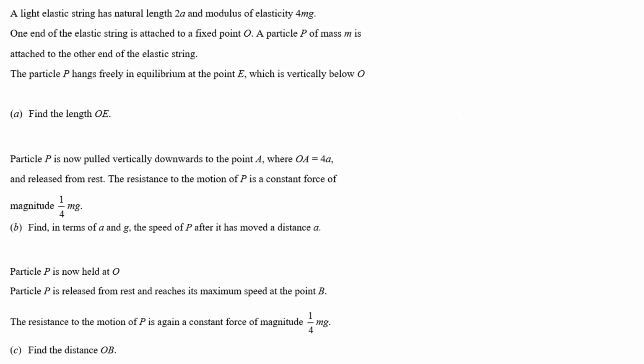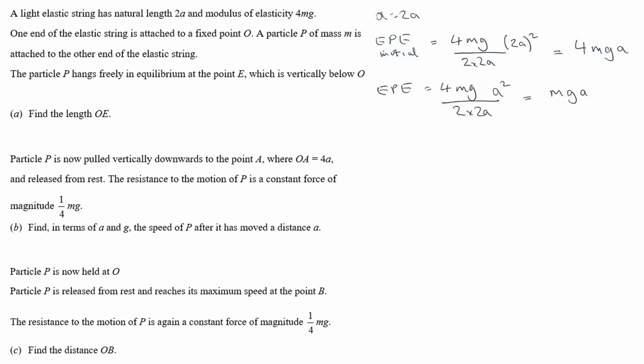Now, when you read that, you know it's going to have something to do with work done against gravity, because you're going to need energy. It's going to be the work energy principle. So I've got x equal to 2a, like I said earlier. The initial elastic potential energy is that, according to our formula. I just simplified it and I got 4mga.